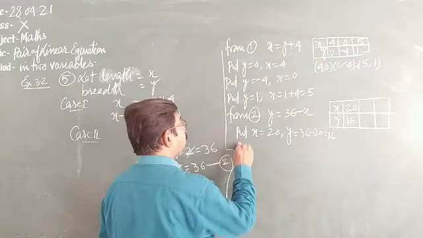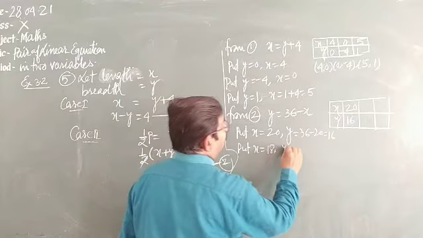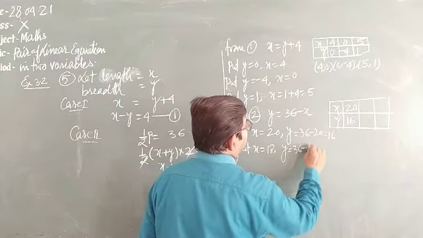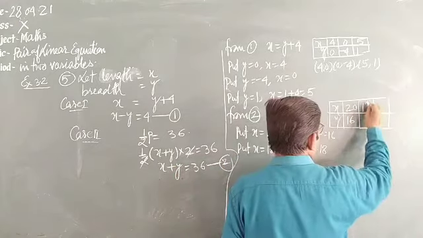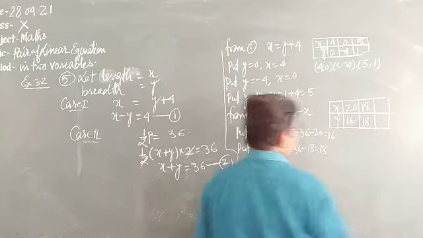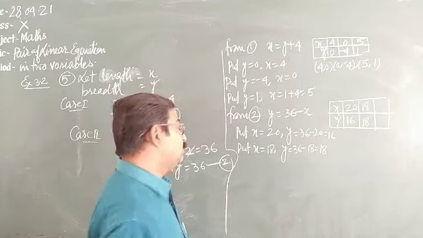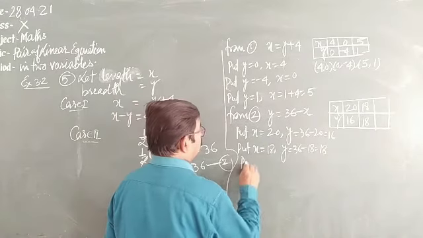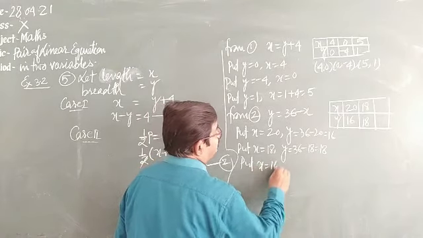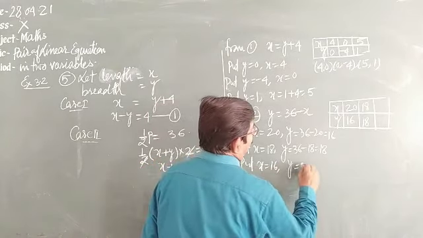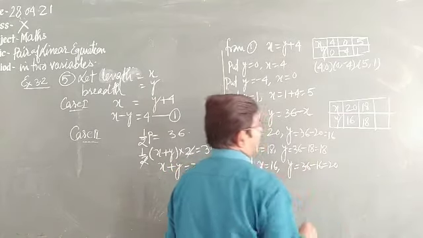Put x is equal to 18, so y is equal to 36 minus 18 is equal to 18. Put x is equal to 16, then y is equal to 36 minus 16 is equal to 20.